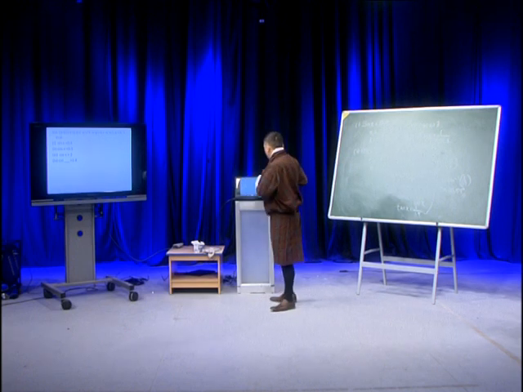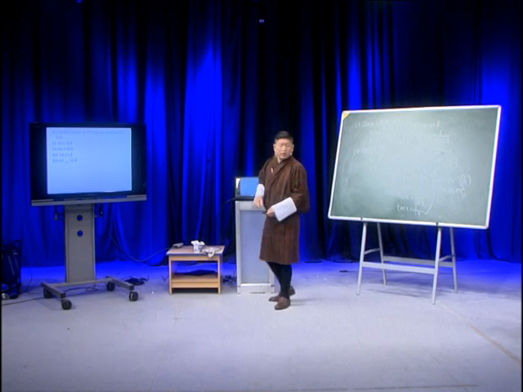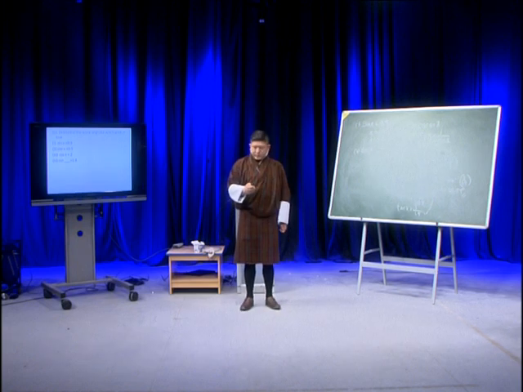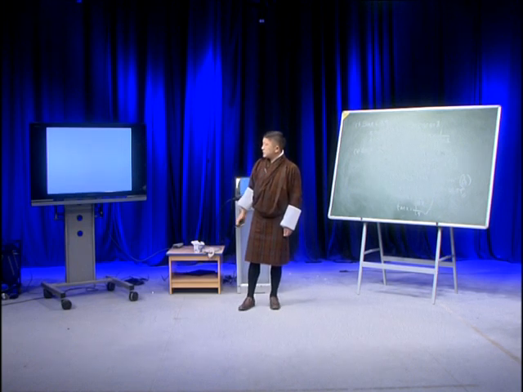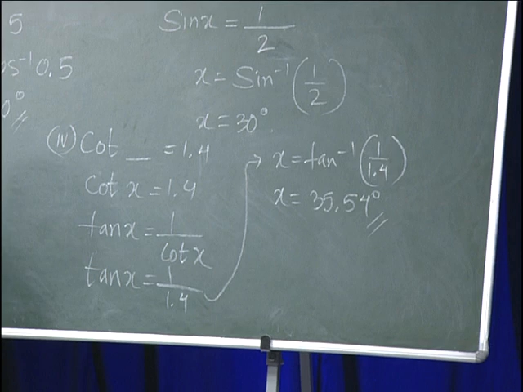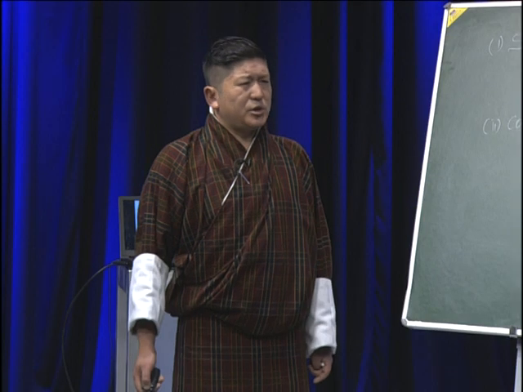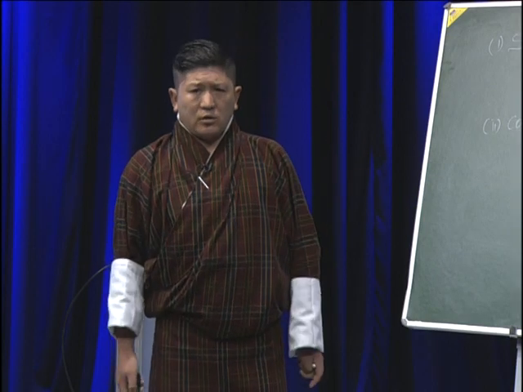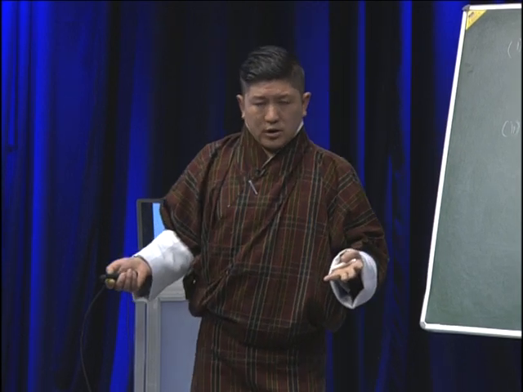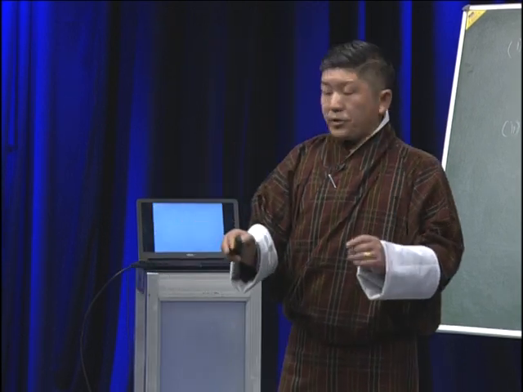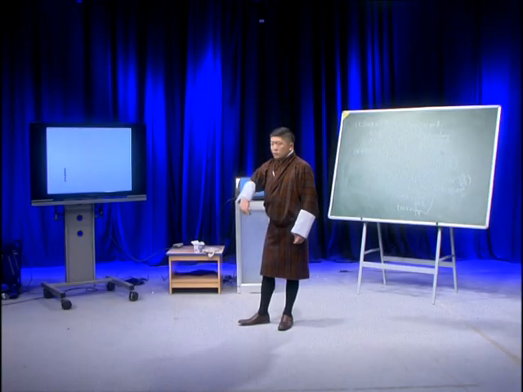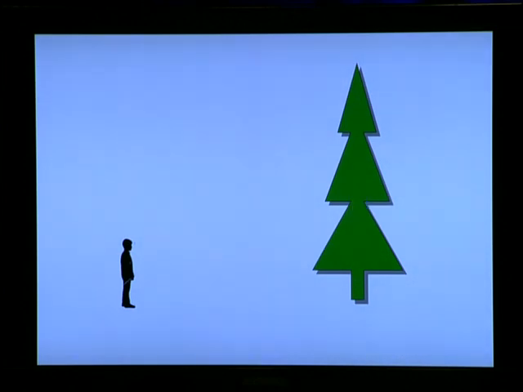Now let me take you through the other slide. You might be wondering, now that we have learned about trigonometry, where does it apply? What's the purpose of learning trigonometry? Now I'll just explain in brief what the use of trigonometry is. To make the lesson quite interesting, there's a person and there's a tree.